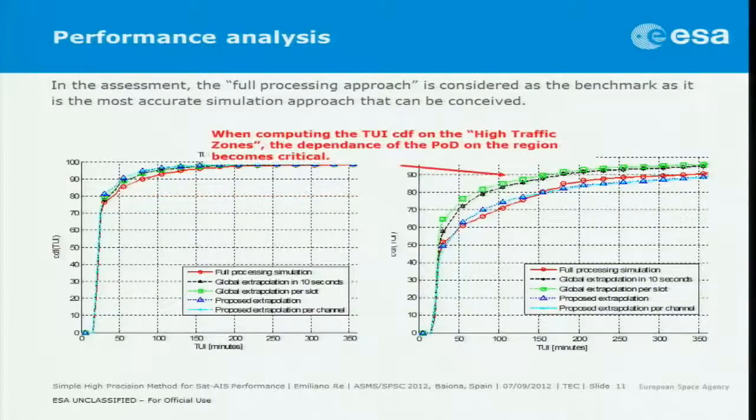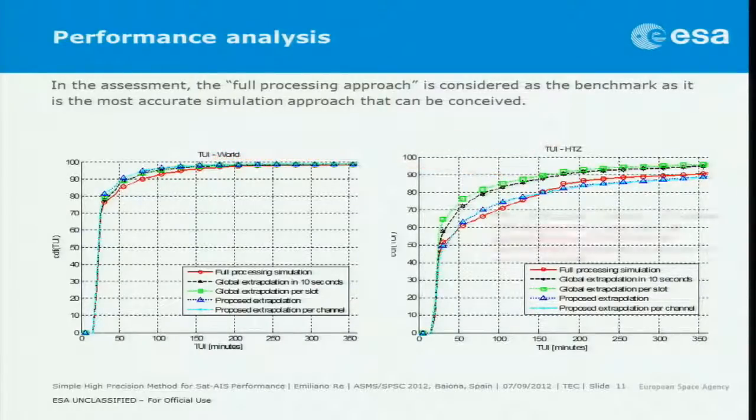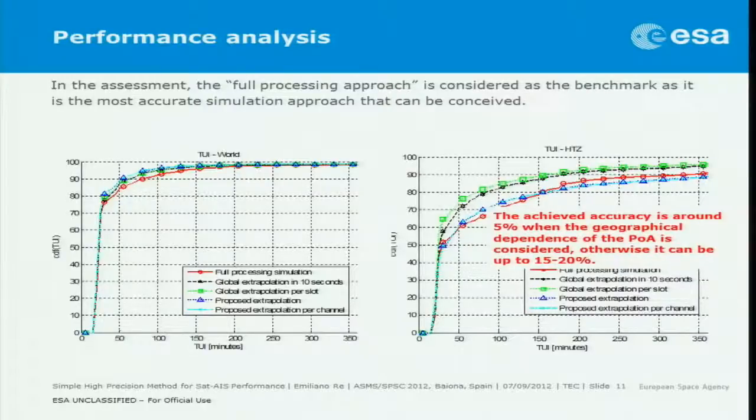But if we analyze what happens when considering just the high traffic zones, which are actually the most critical part for your system design, then we see a very different performance of the different techniques. In particular, what we saw is that the accuracy of this method is very good, within 5% from the full processing approach, when you consider the geographical correlation of detection performance.